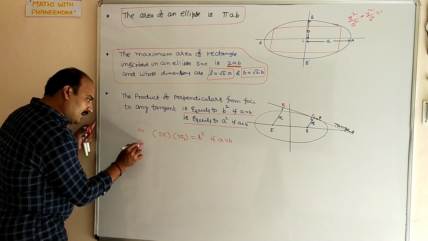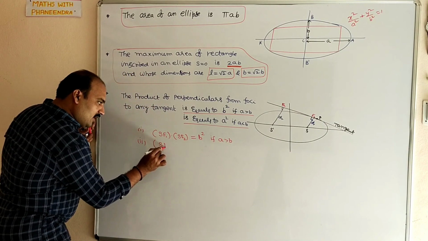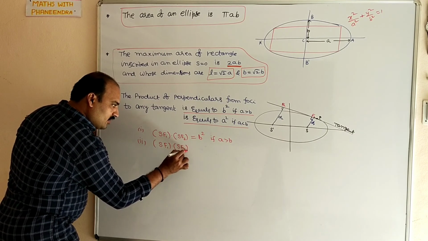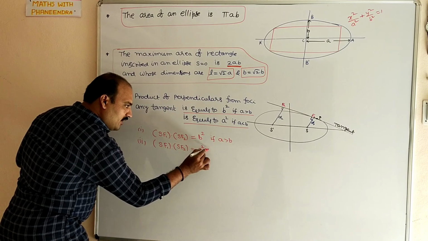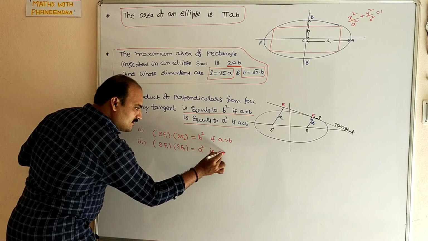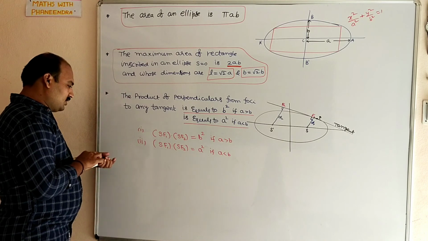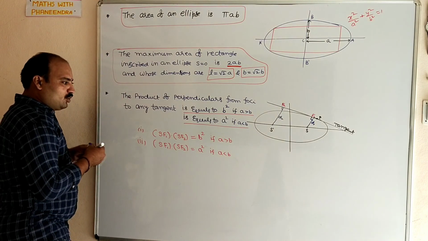Similarly, second case: SF1 into SF2 is equal to a square if a is less than b. So these are the two important things you remember.